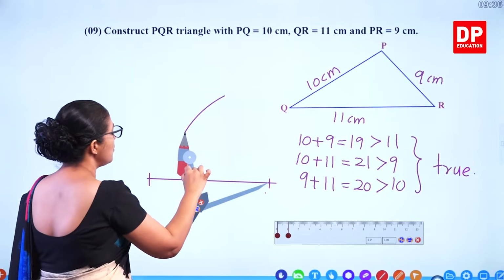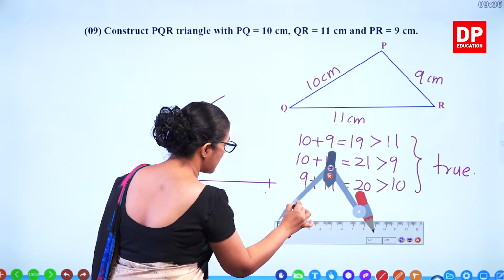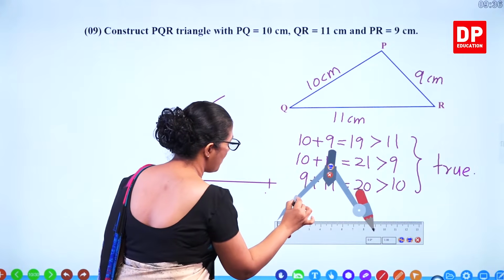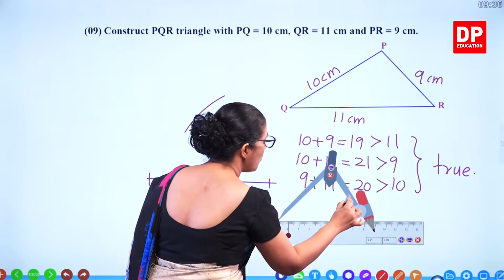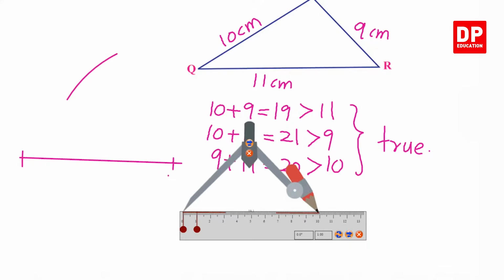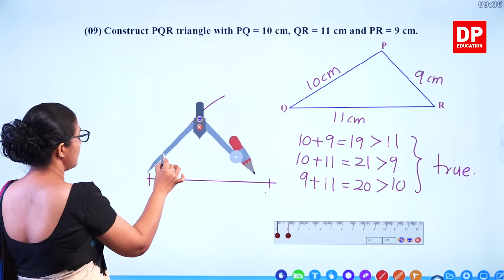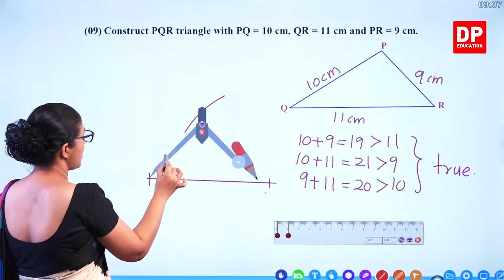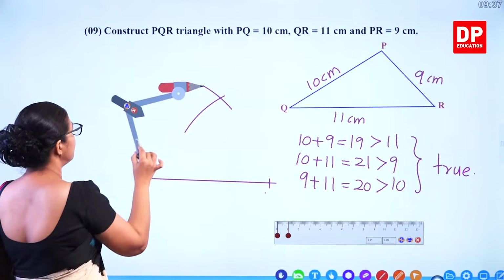And then you need 10 centimeter length. So take the compass and now you can measure 10 centimeter length, and draw the other arc here.